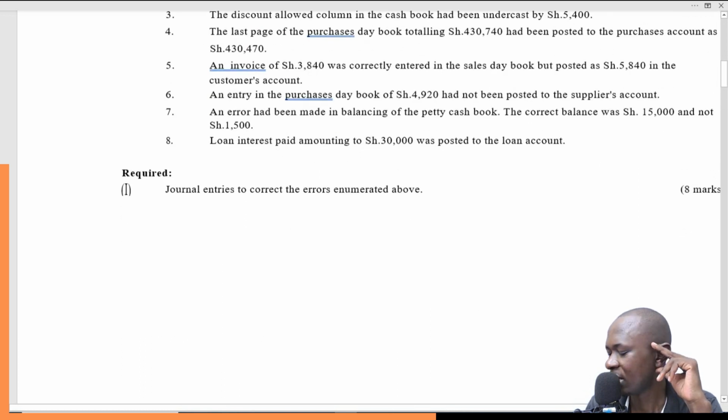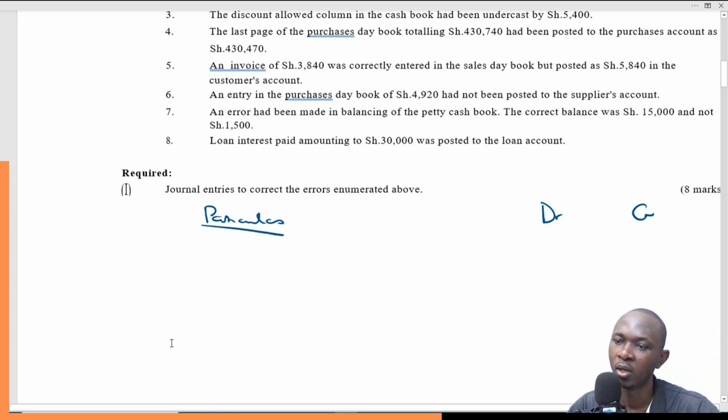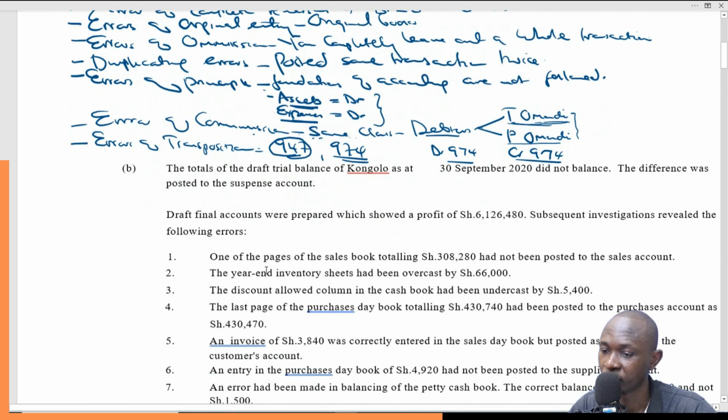Journal entries. A journal entry will have the debit side and will also have the credit side. And then of course you have the particulars here.